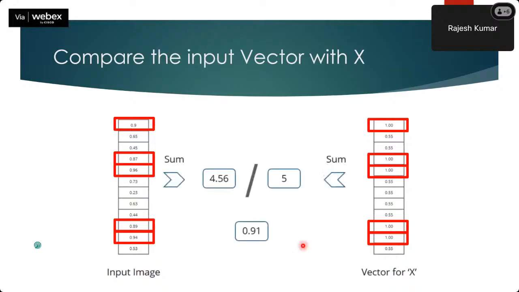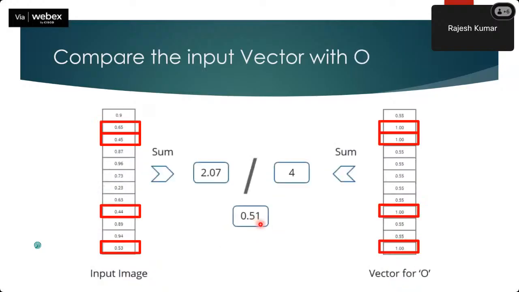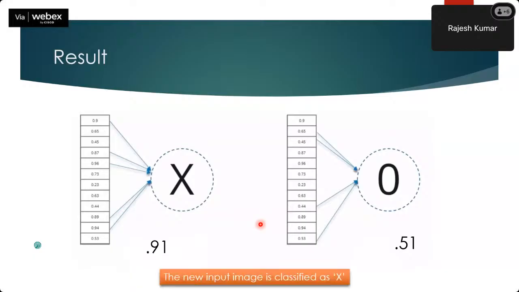It finds out that there is a 91% similarity, and then I compare it with O. Oh, it's a 51% similarity. Which one has higher similarity? Let's say X, so this image is X. That's all. That's how the whole CNN understands things and gives us the final recommendations.